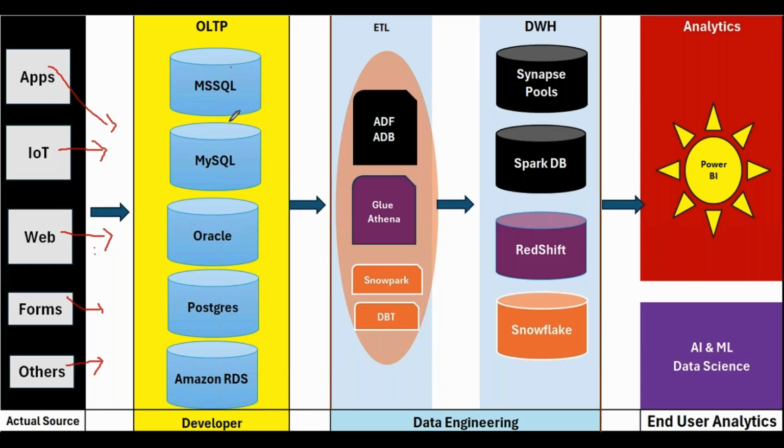For this OLTP, we have different companies: MS SQL from Microsoft, MySQL and Oracle from Oracle company, Postgres open source, and Amazon Web Services, where Amazon has Amazon RDS, Relational Database Service.